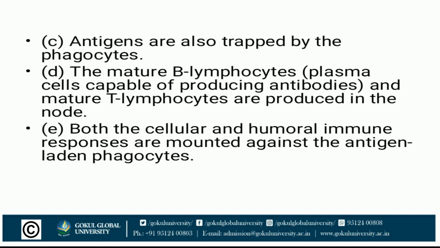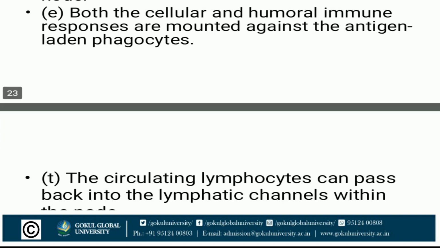Antigens are also trapped by the phagocytes. The mature B lymphocytes and mature T lymphocytes are produced in the node. Both the cellular and humoral immune responses are mounted against antigen phagocytes.